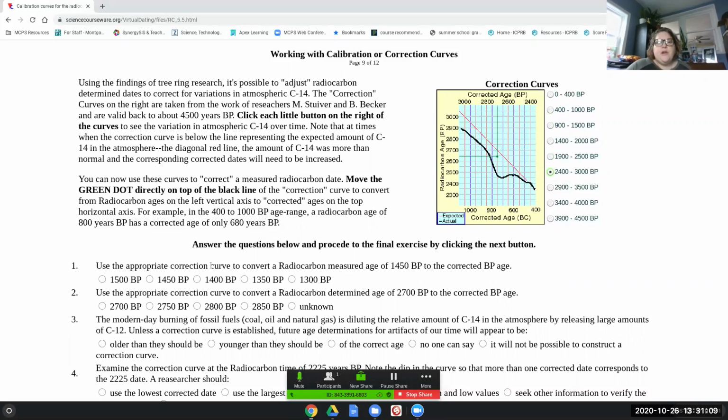So use the appropriate correction curve to convert a radiocarbon measured age of 1450 BP to the corrected BP. So we want this side to be in the range of 1450. So we can use this one, but notice it's hard to figure out whether you're at 1450 or not, because it starts at 1400.